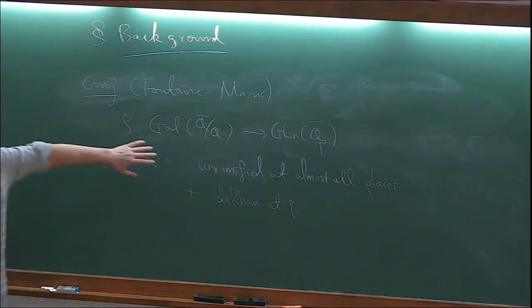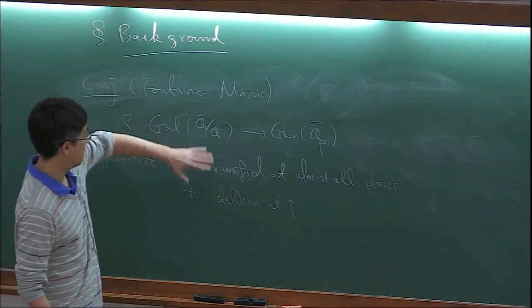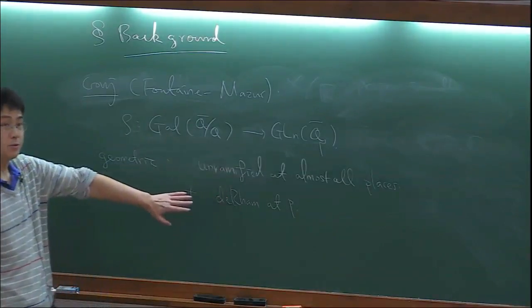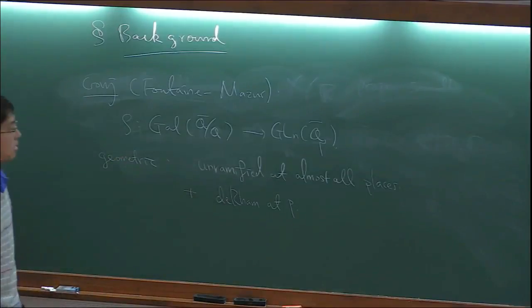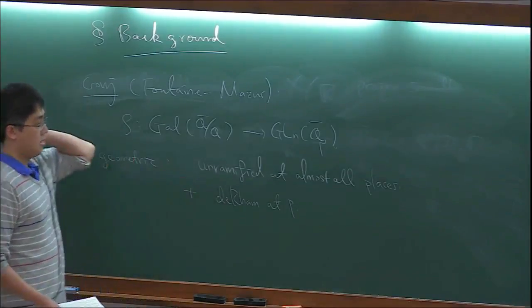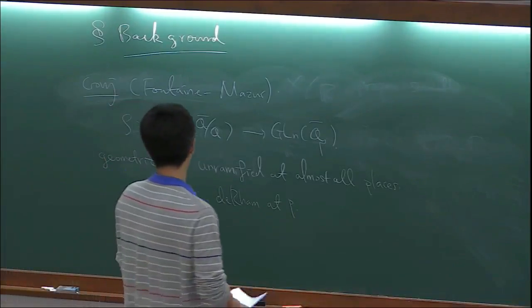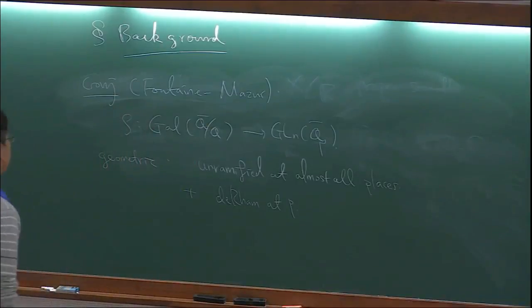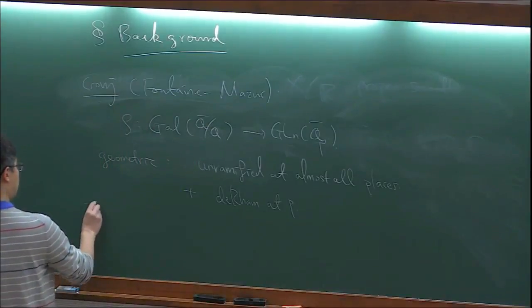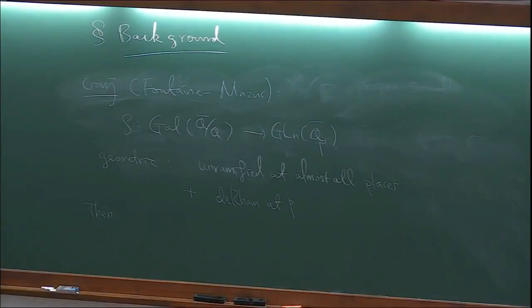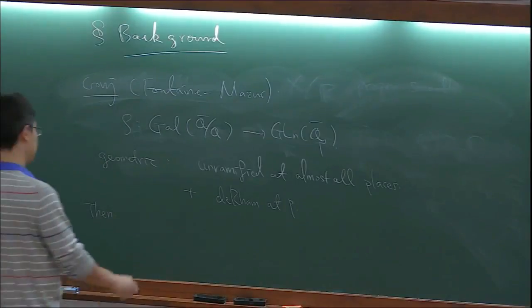Sometimes in some papers they also add the condition that it is irreducible, but in that case it corresponds to classical things. And I think the original version of the conjecture has no condition on this irreducibility. Then the conclusion is that rho comes from geometry.